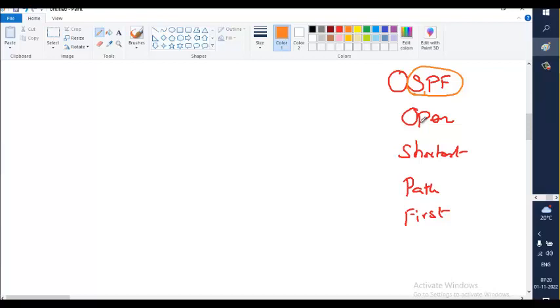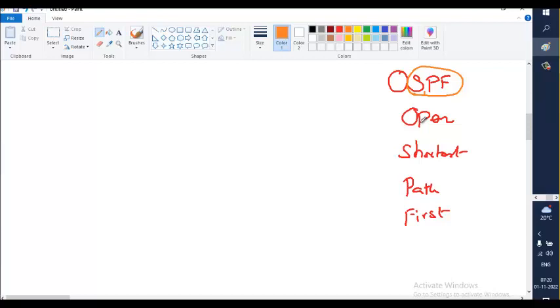I learned this in 2003 in my master's degree, computer science. Shortest path first. Of course, even now it is there in the syllabus.